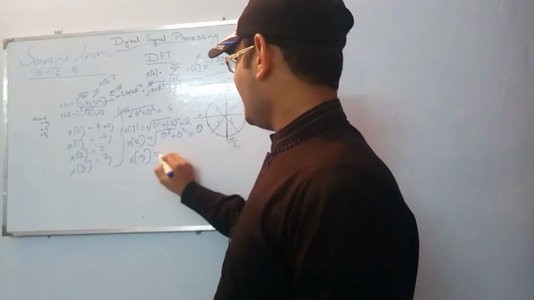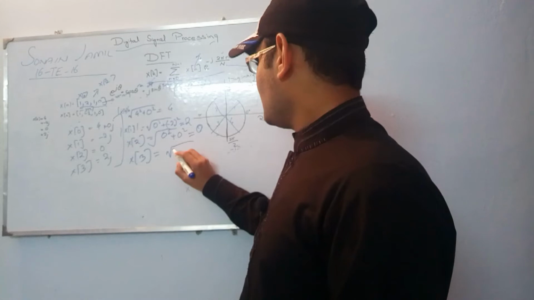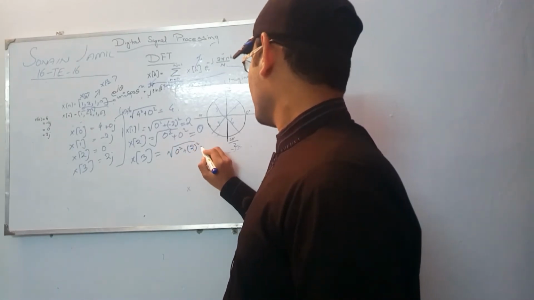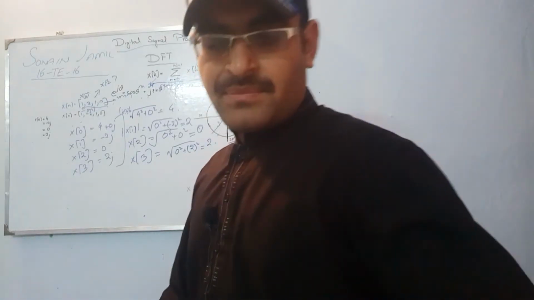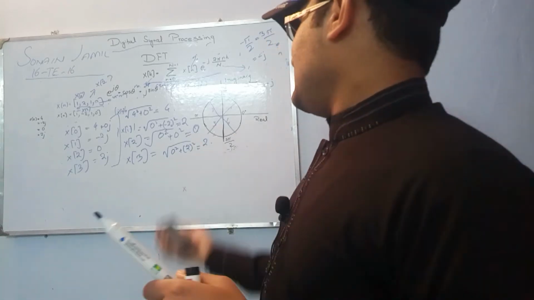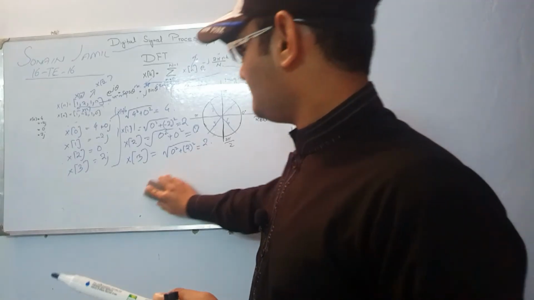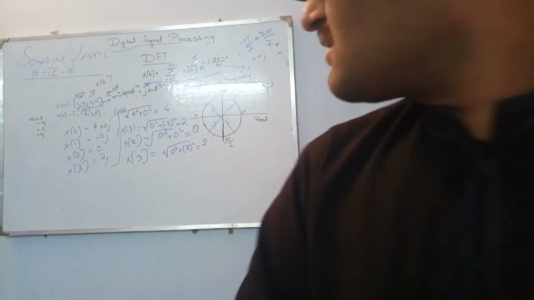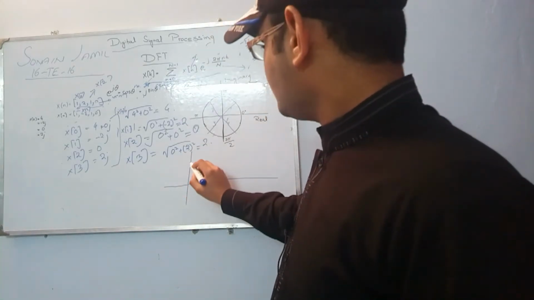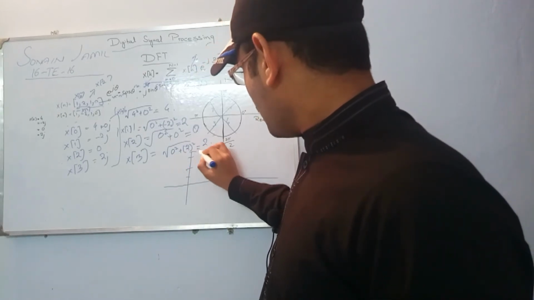Similarly, x of 3, what does it come out to be? 0 squared plus 2 squared is equal to 2. So if we want to plot the magnitude of this signal in the frequency domain, it will look like this. Here is 1, 2, 3, 4.